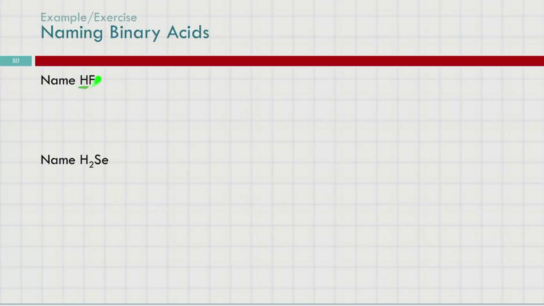It's the hydrogen and a nonmetal, F for fluorine. Since it's binary, we have the hydro prefix, the base for fluorine, which is FLUOR, and we change the ending to ic acid. So hydrofluoric acid.